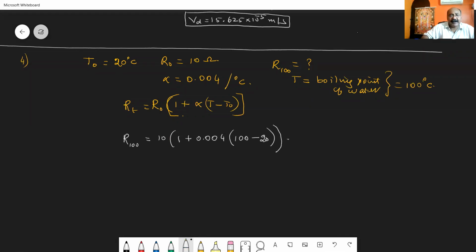Then I am closing the bracket. Simplify. R100 is equal to 10 into 1 plus 0.004 into 100 minus 20, it is 80. So R100 is equal to 10 into 1 plus, then you are multiplying 0.04 into 8. So we can say it as 0.32.